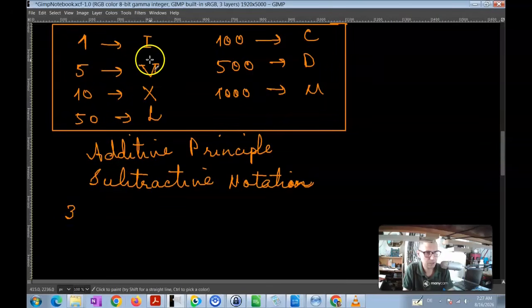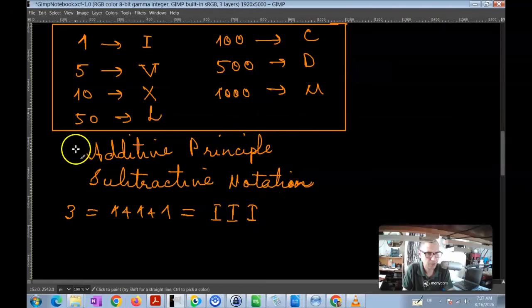A 3 is nothing but a 1 plus a 1 plus a 1, and a 1 is this I over here. So I will write a 1 plus a 1 plus a 1, put them together one after the other, and we follow the additive principle, meaning that when you're reading this number, you know that's a 1 plus a 1 plus a 1, so this number is a 3, right? Or, for example, if you want to write a 6, for example.